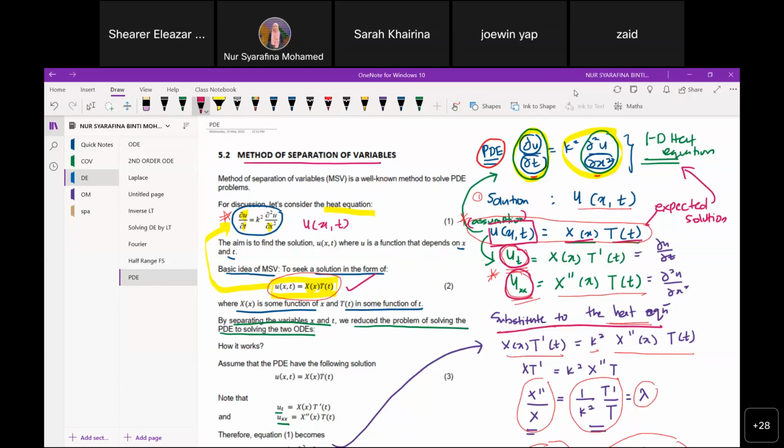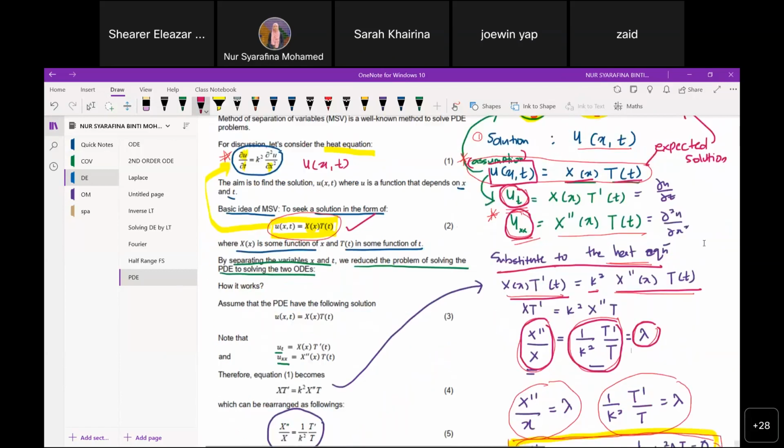Okay, so the heat equation is given by ∂u/∂t = k² ∂²u/∂x². So ∂u/∂t is u_t. So we have X T', k² X'' T. Alright, so once you substitute, we need to rearrange according to the variable, and then equate them to a constant lambda.